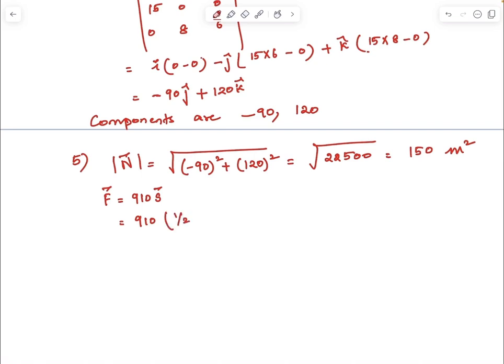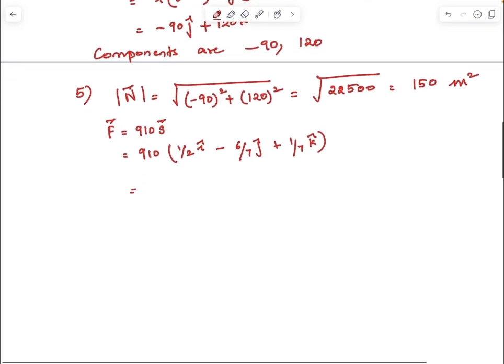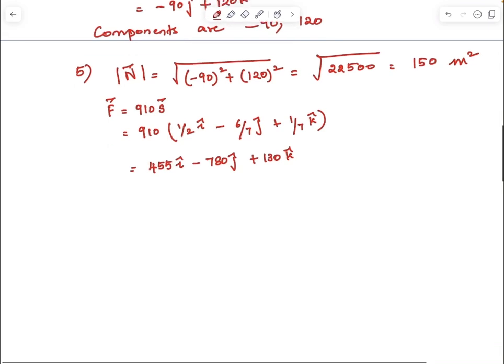S vector is half i minus 6 by 7 times j plus 1 by 7 times k, which is 455 i minus 780 j plus 130 k. So we get this by multiplying 910 with all the components.